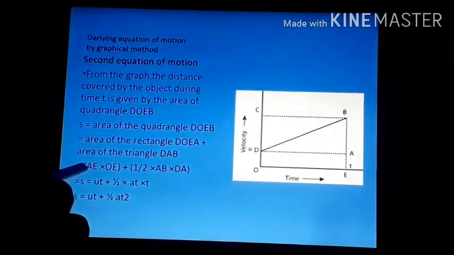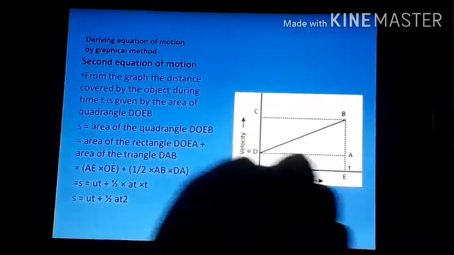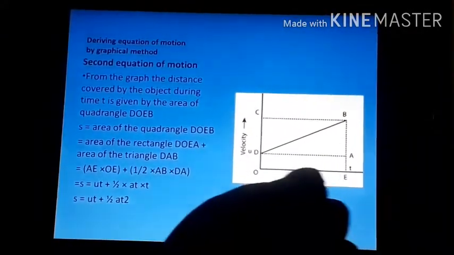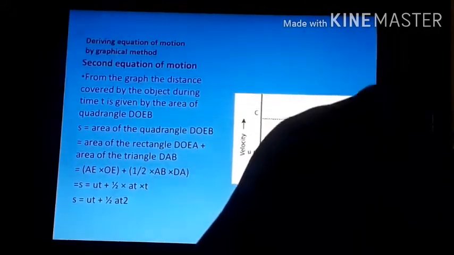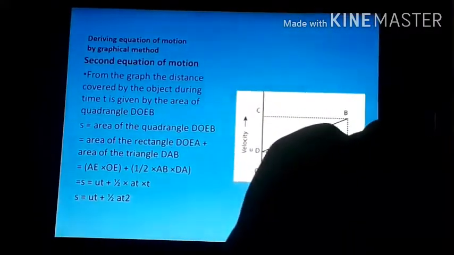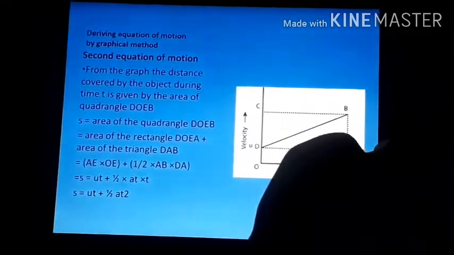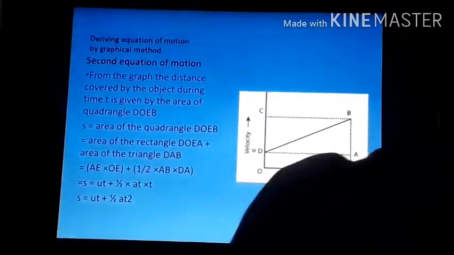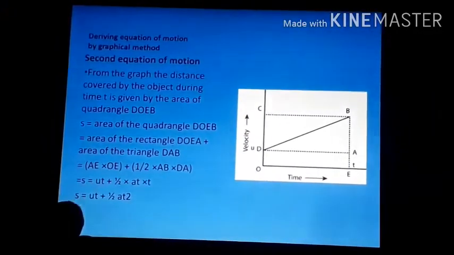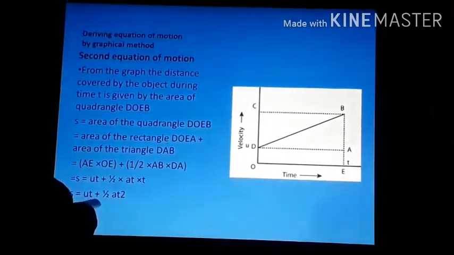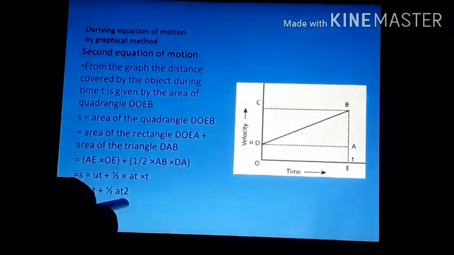So AE is u, OE is time taken t, plus half into AB is at, what we have derived already in the previous equation, and DA is equal to t. So s is equal to ut + half at square.